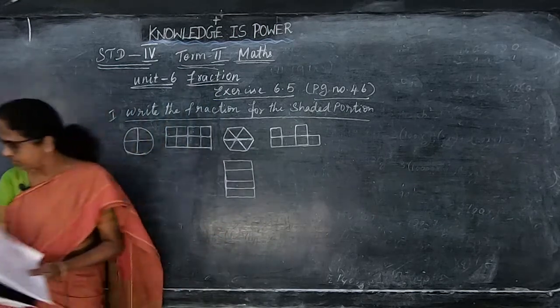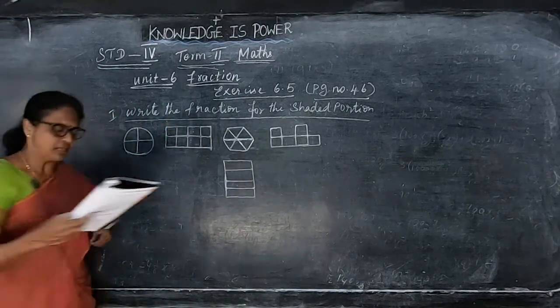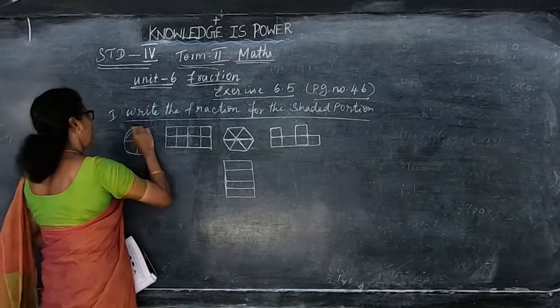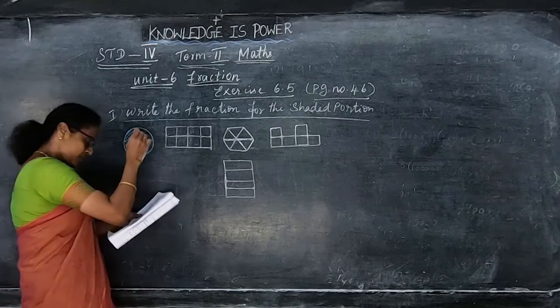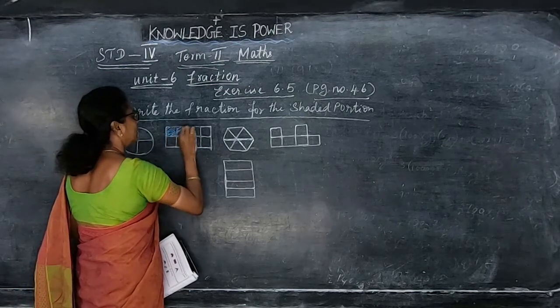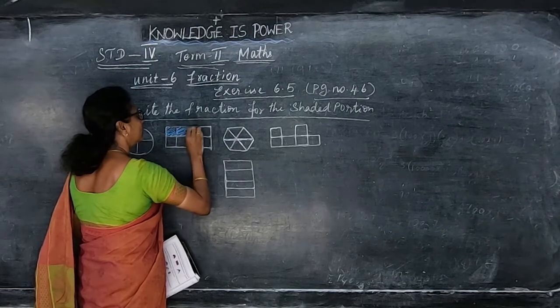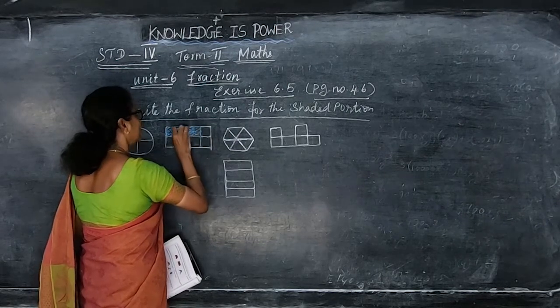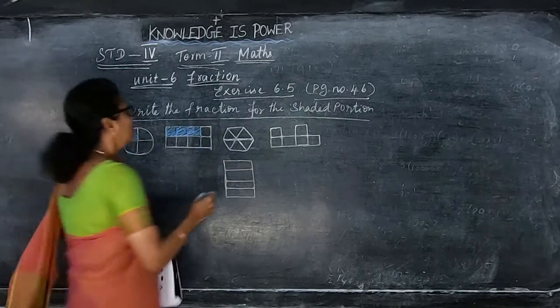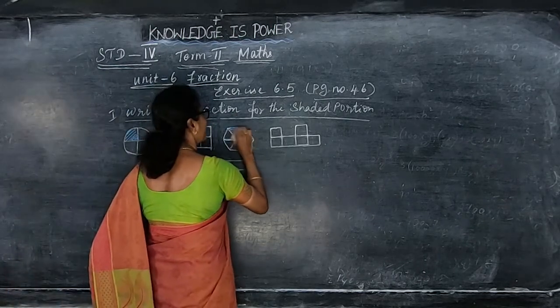Here some shaded portions are given. Write the fraction for the shaded portions. Here one part is shaded, and here 3 parts are shaded. So 1, 2, and 3. 3 parts are shaded, and here 2 parts.